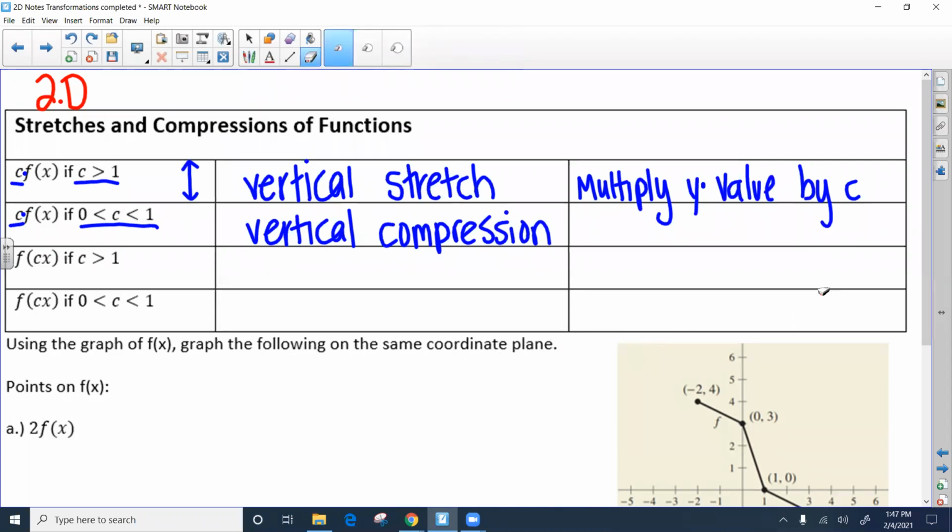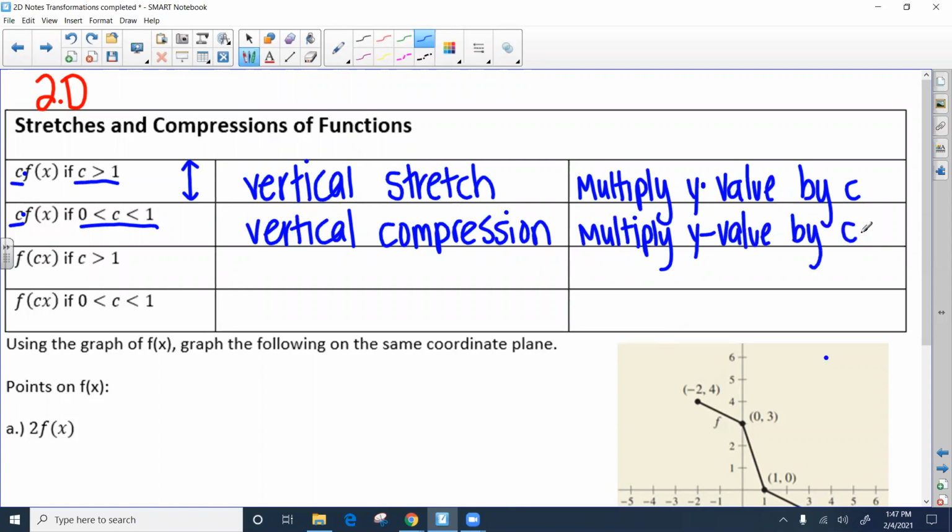And it's the same operation. The C is on the outside. It's affecting the outputs or Y values. So we just do the operation we see. That means we're going to multiply the Y value by C. This time though, C is a fraction or decimal, so it makes the Y values smaller. So that's why it's a vertical compression.